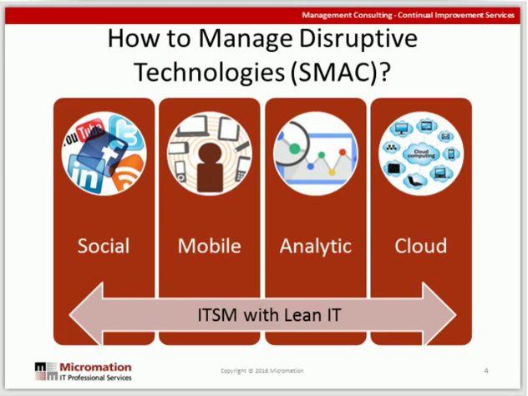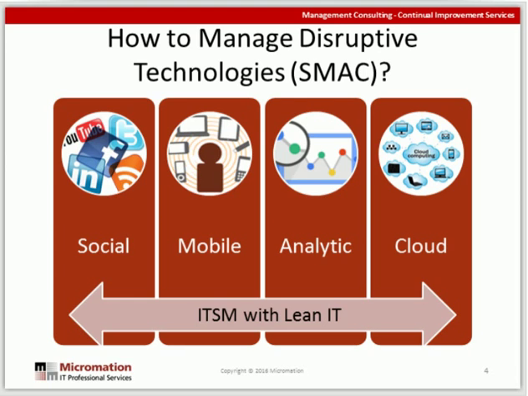Social deals with things like how do you integrate Facebook or Twitter or blogs and all of those similar things into your environment, into your business plans. Mobile deals with things like tablets and remote computing. Internet of Things is often the term that gets used around mobile, and how do you manage that?